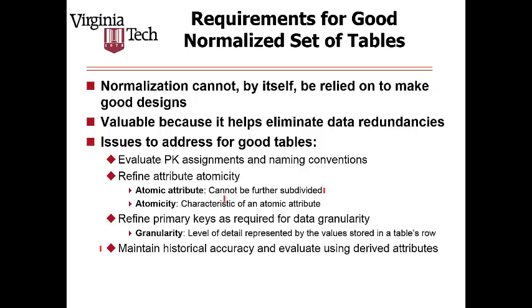This is an important part because we don't or can't have data anomalies in our models. And this process is how we remove our data redundancies that cause those anomalies. Well, we must have atomic attributes, right?